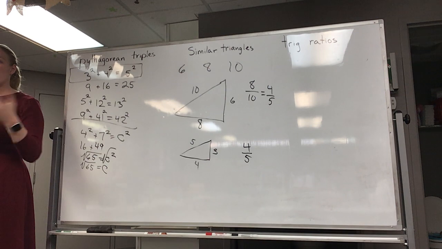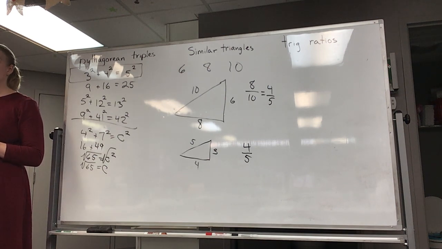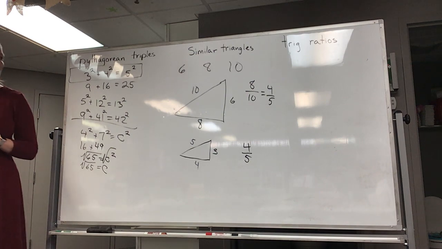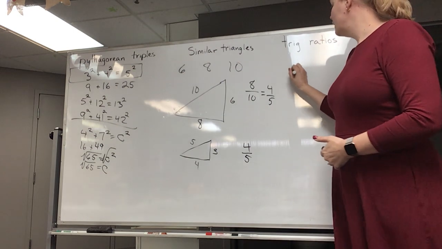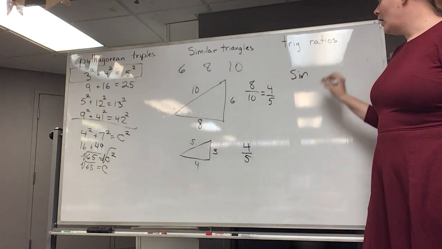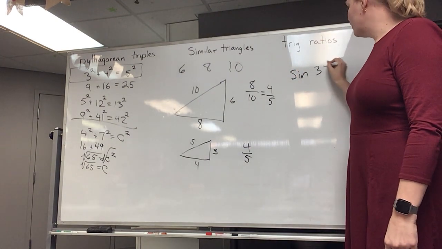One of the beautiful things about your calculators is that it stores all of them. And so what happens with your calculator is you are going to be saying, I want the sine of 37.8.